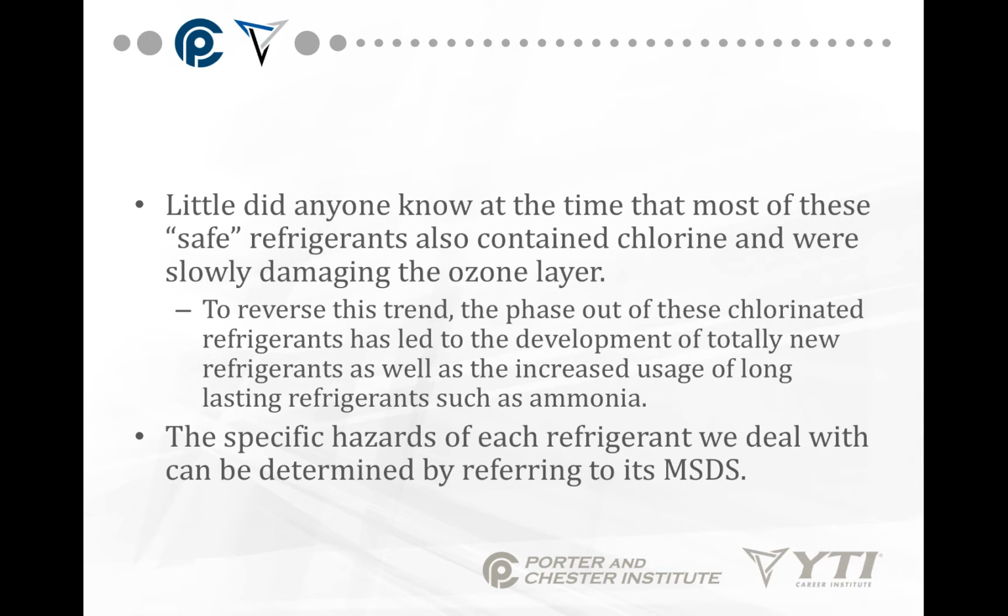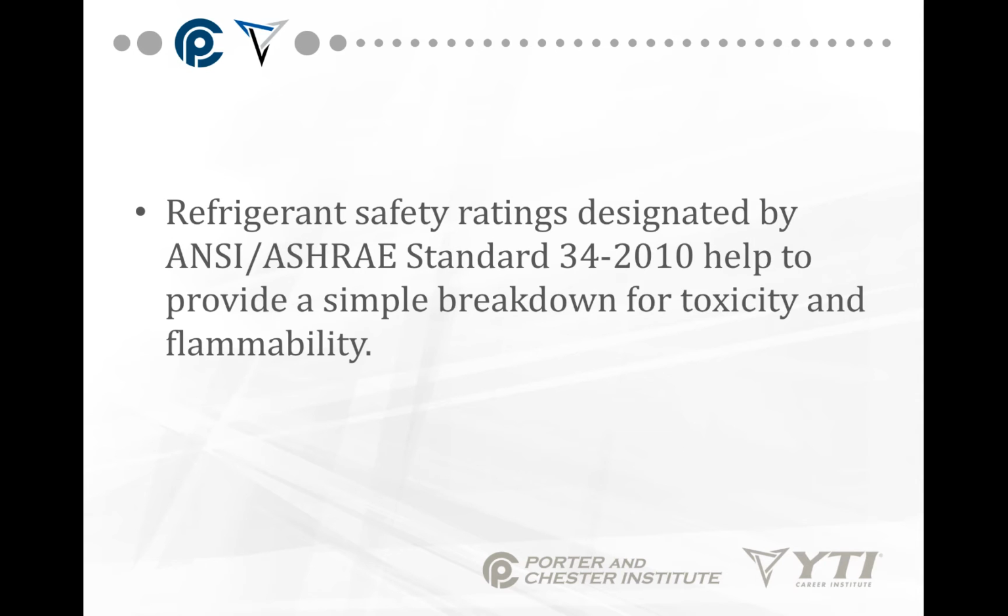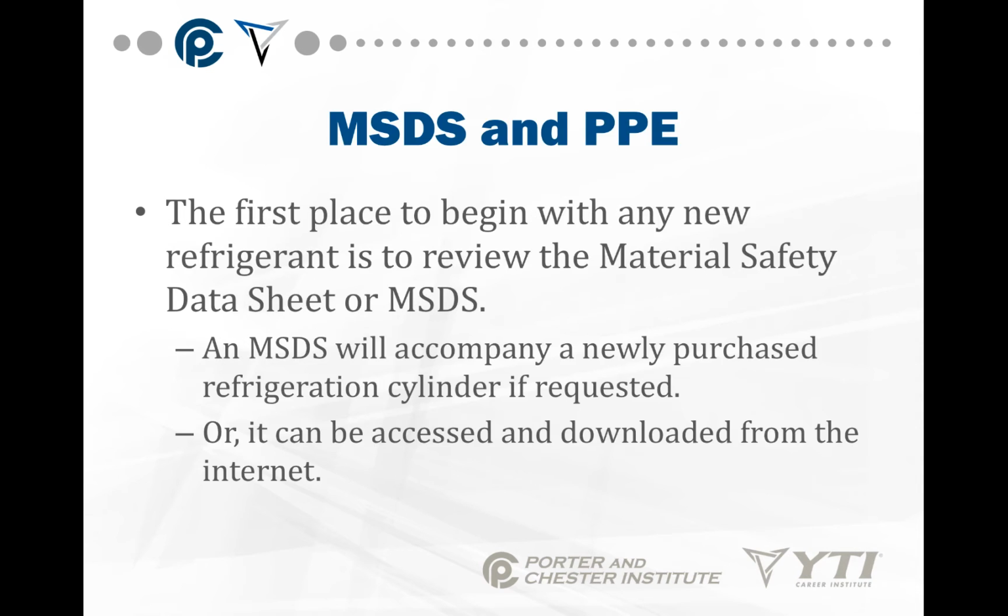The specific hazards of each refrigerant we deal with can be determined by referring to its Material Safety Data Sheet, or MSDS. Refrigerant safety ratings are designated by ANSI/ASHRAE Standard 34-2010, which helps provide a simple breakdown for toxicity and flammability of refrigerants.